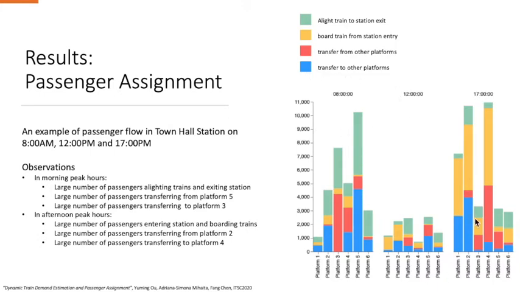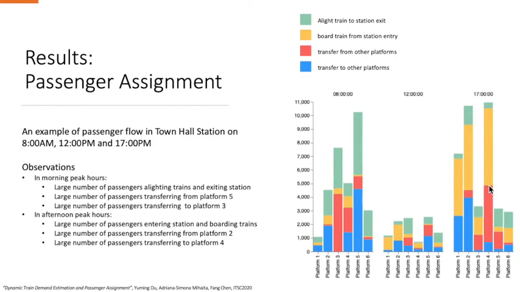In this bar chart, we can see that in the morning peak hours, a lot of people get off the train and go to the station exit. Also, we can see a lot of people transferring between platforms. The people are likely transferring from platform 5 and are likely transferring to platform 3.